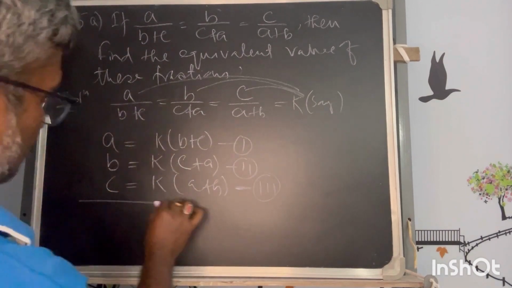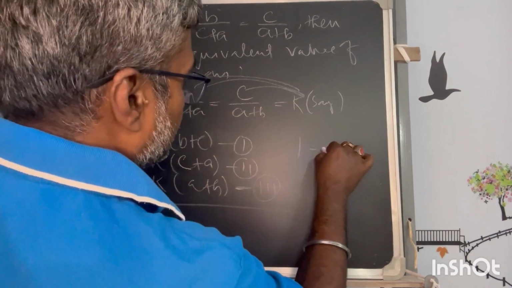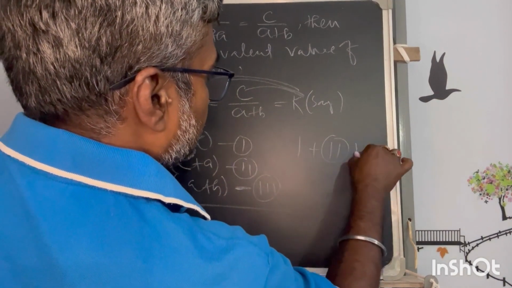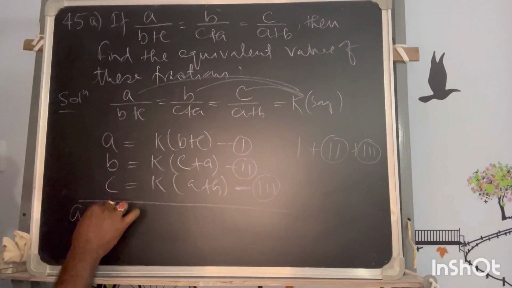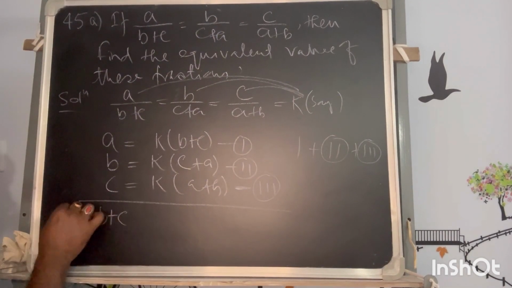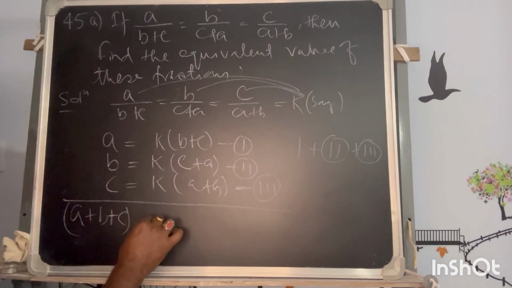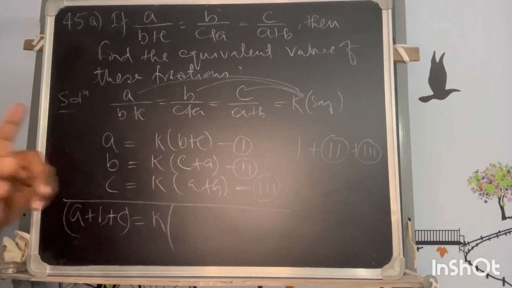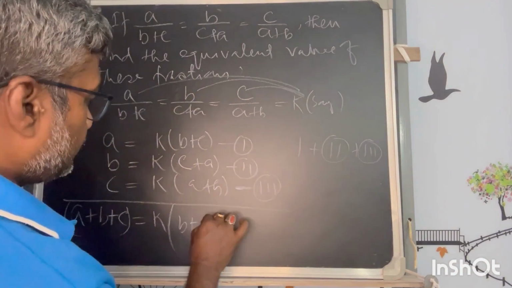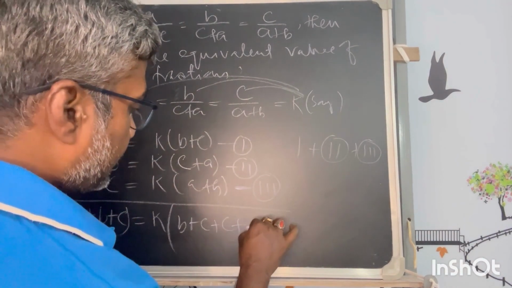Now what I will do is add all these three. So I will add the respective left hand side and right hand side. If I add this, k is common, so the remaining terms will come into a single bracket.